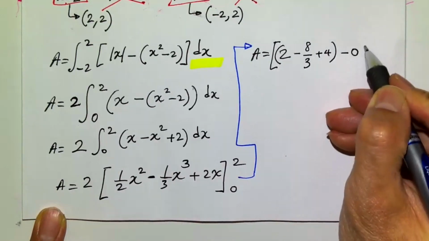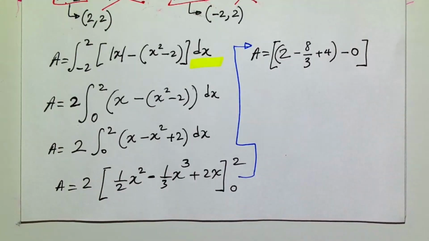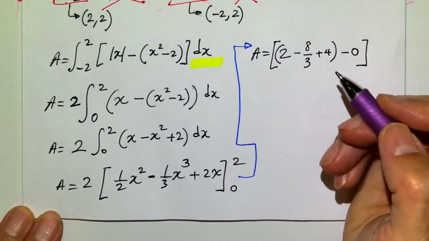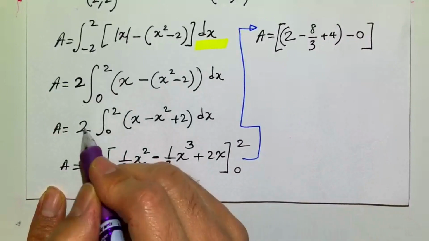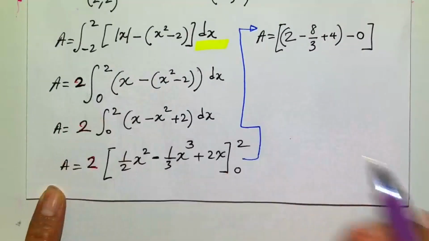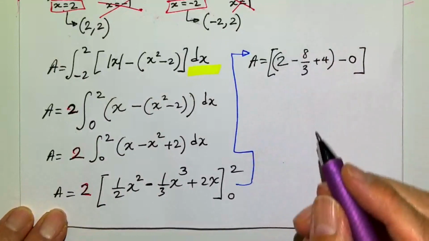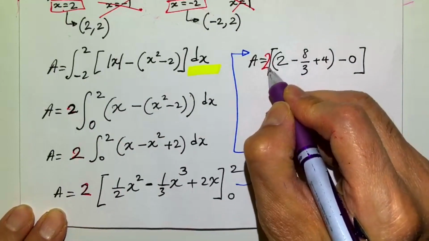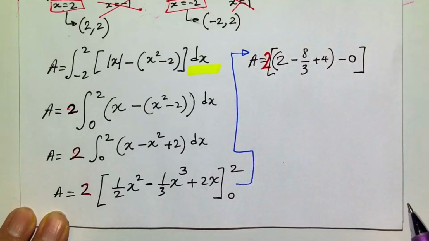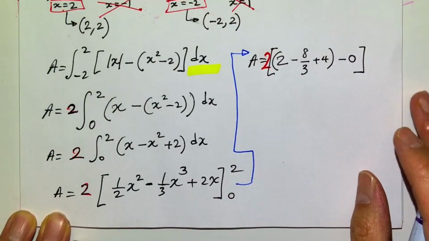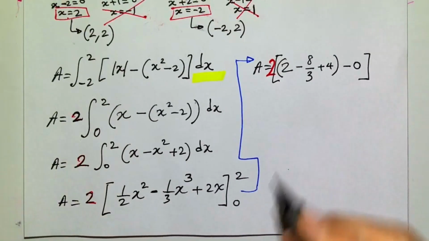So that minus 0. And of course, let me not forget that there is a 2 in front here. There's a 2 here, which I have to also put here, right? I'll just put it in red so it sticks out. Okay. All right.